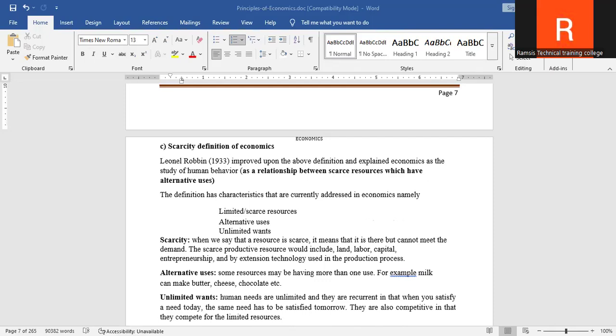So we are now talking about the characteristics of human wants. One of them is that they are many, numerous, and basically unlimited. And the other thing is that they continually change with time.